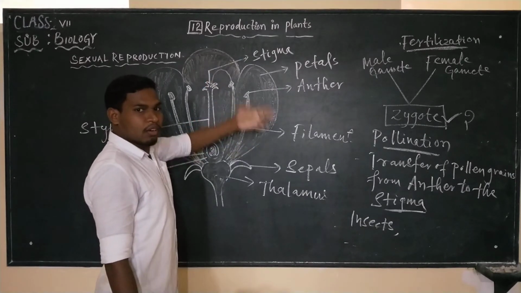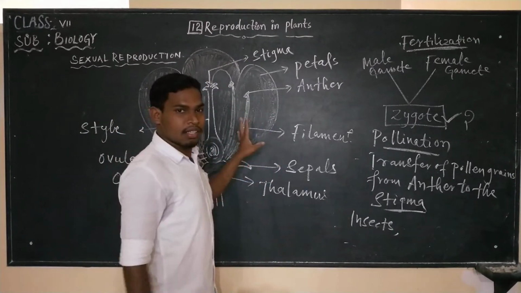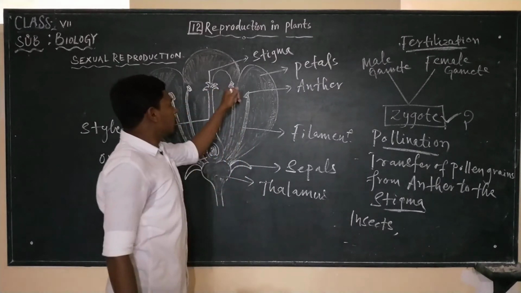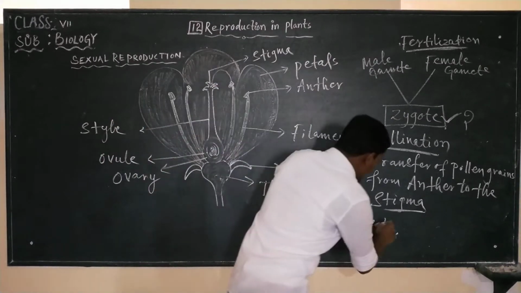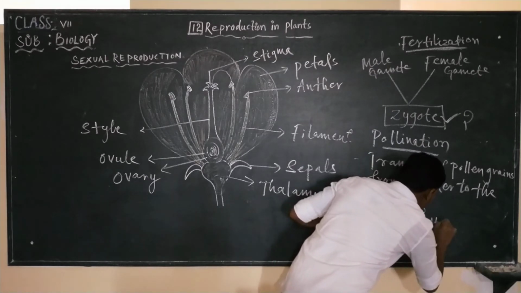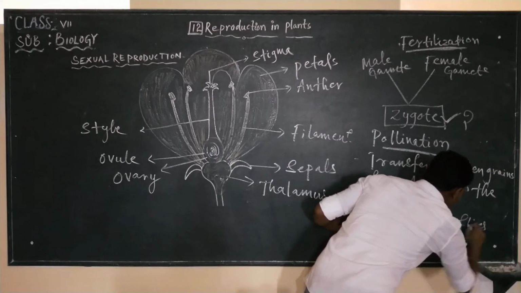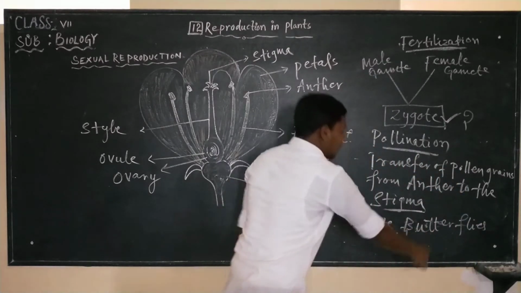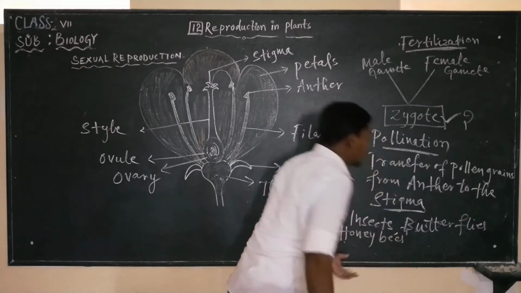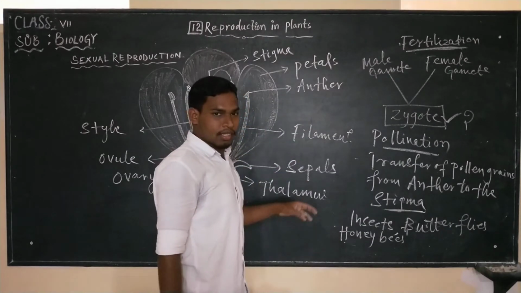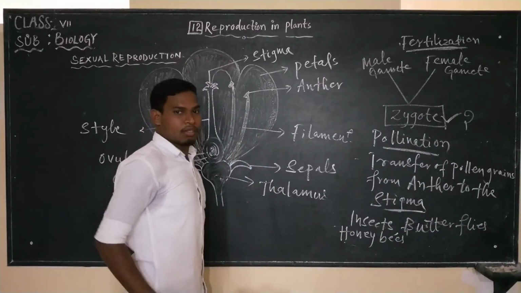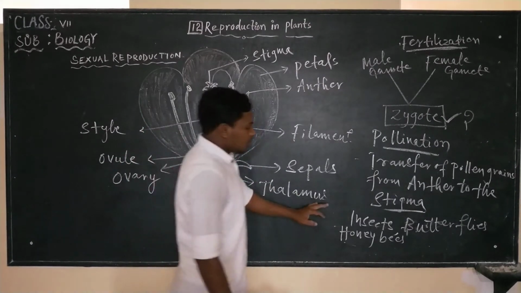Without their notice, the pollen gets stuck onto their body parts, and they drop the pollen grains onto the stigma. So this is how pollination takes place.